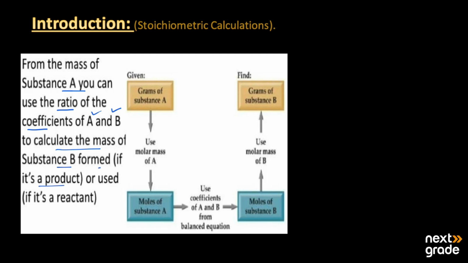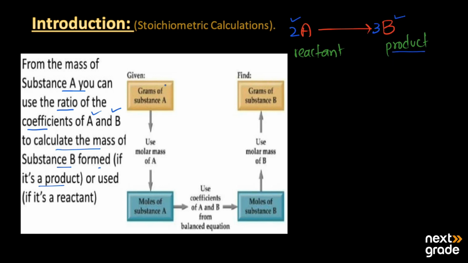Here, for example, we have a chemical reaction in which A is going to convert into B. Here A is the reactant and B is the product. For example, here we have 2A converting into 3B. From the coefficients, we will be able to measure the amount of the substance B that has been produced.